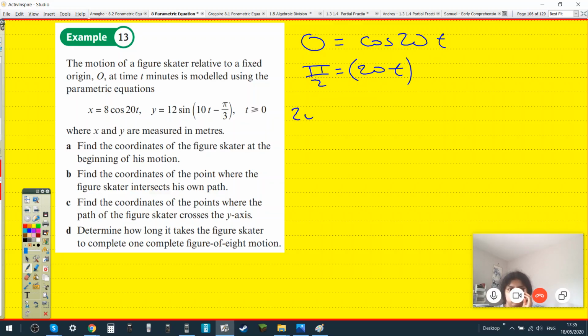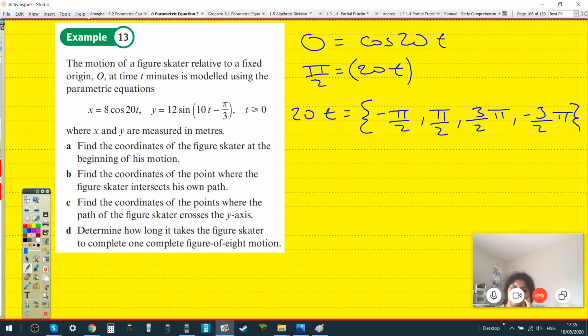So we would say 20t is equal to negative pi over 2, positive pi over 2, and then 2 pi minus half a pi would be 1.5 pi, so 3 over 2 pi, and minus 3 over 2 pi. And then we divide all of those by 20. Do we end up with the same thing?